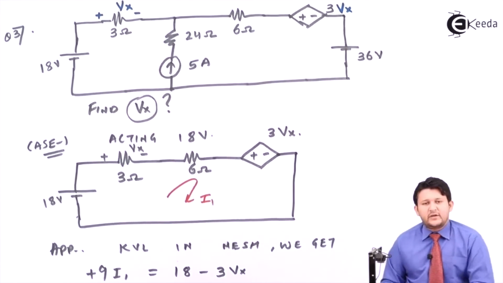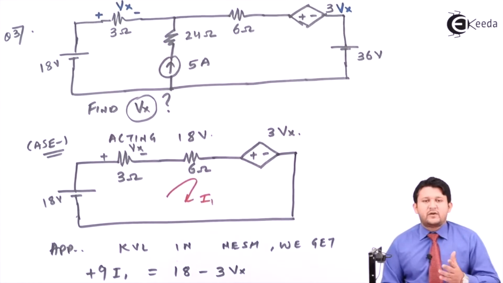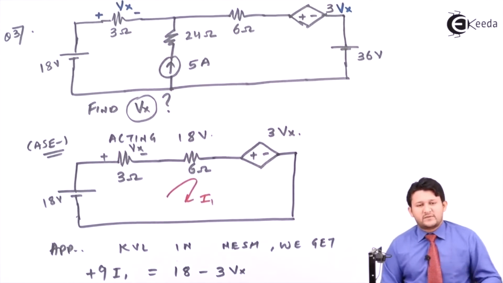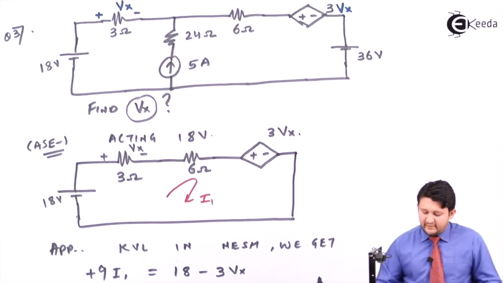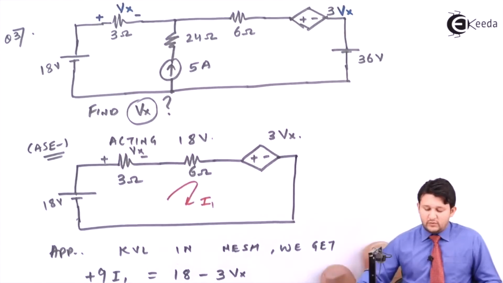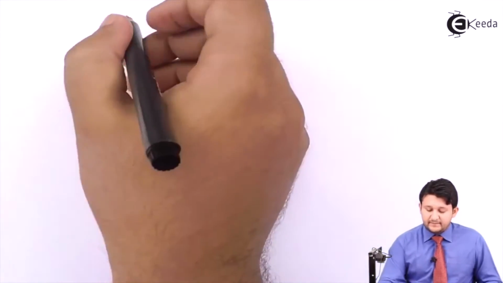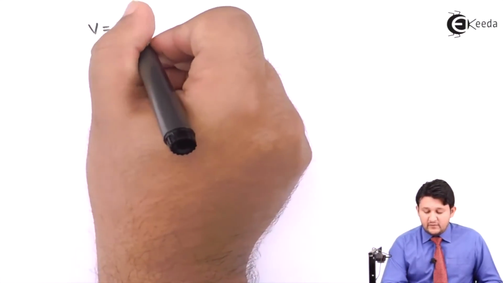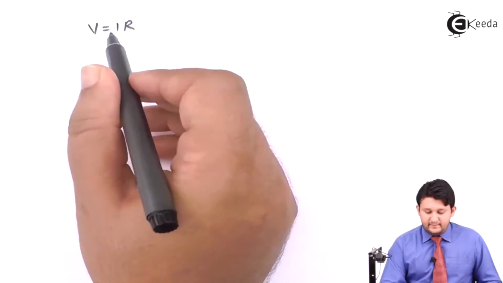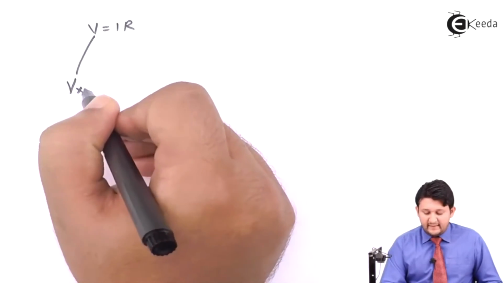The rule says you need to get the equation only in terms of the unknown current. Your unknown current is I1, so everything should be in terms of I1. So let's convert everything in terms of I1. I need to find the equation for Vx in terms of I1. So your logic will be V is equal to IR. For V, you will be writing Vx.